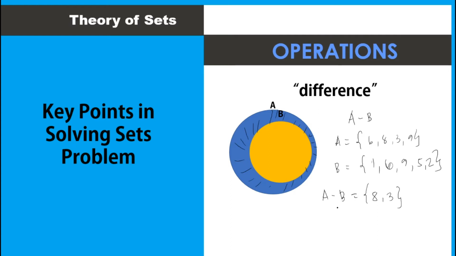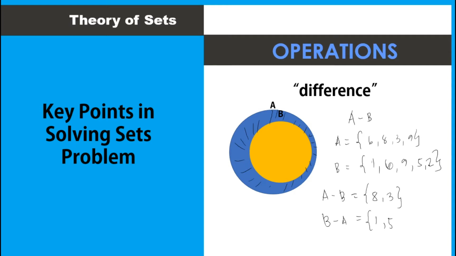But what if we want B minus A? What are the elements in set B that are not contained in set A? For set B we have 4. 4 is not in A, so it is included. 6: they both have the same element 6, so it is not included. 9: they both have 9. 5: set A doesn't have 5, so it is included.